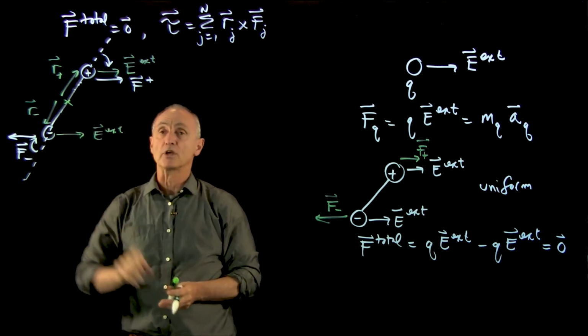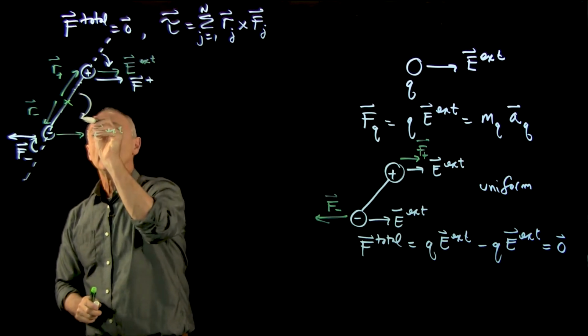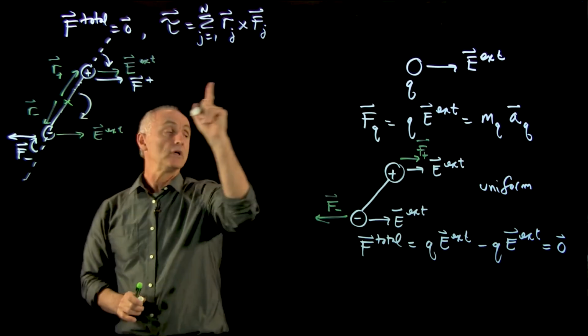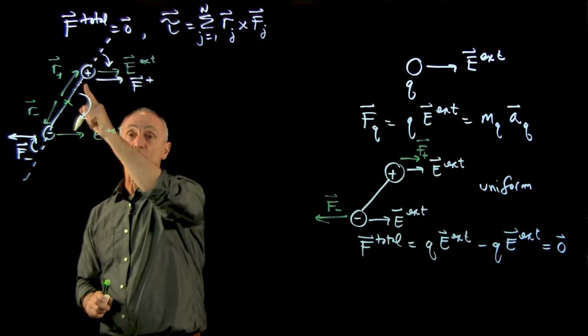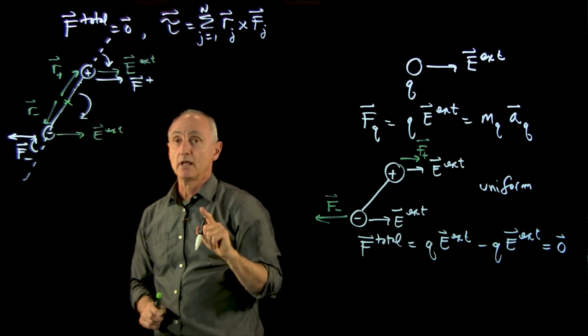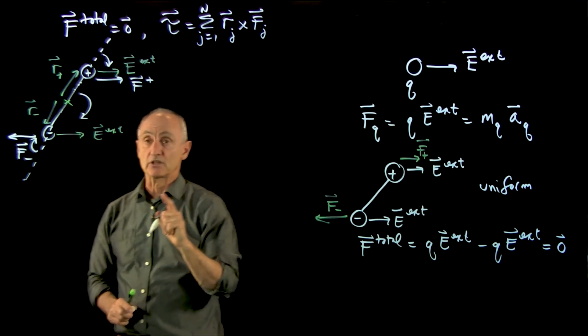So both of the forces are exerting a torque in the same direction, and that will cause our object to rotate. Now remember, there's no total force on this object. The torque is independent of the point that we want to calculate. And we'll use that fact later on when we calculate specific examples.